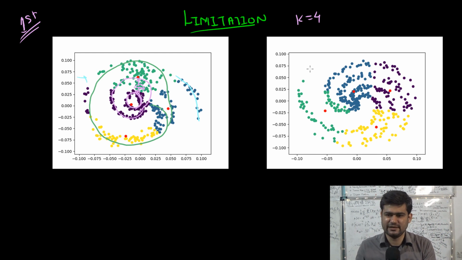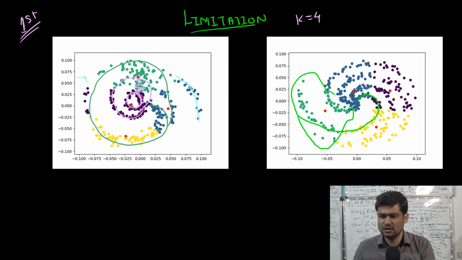Similarly, on the right side, we can see with k equal to 4, the partitioning of the data set is not ideal. So ideally this should have been one cluster, this should have been another cluster, this should have been one more cluster, and similarly this was one more cluster.